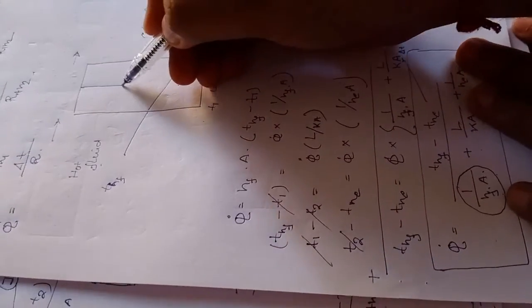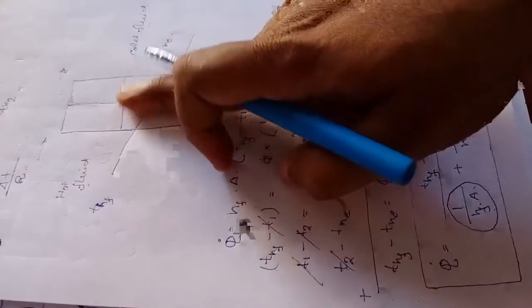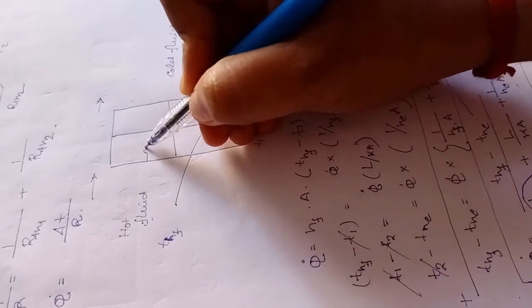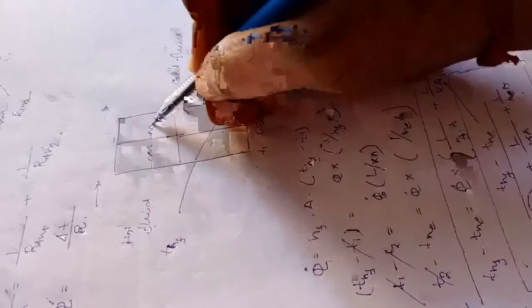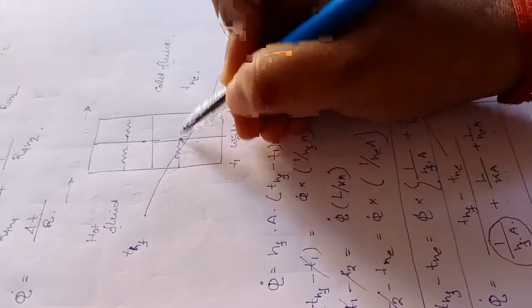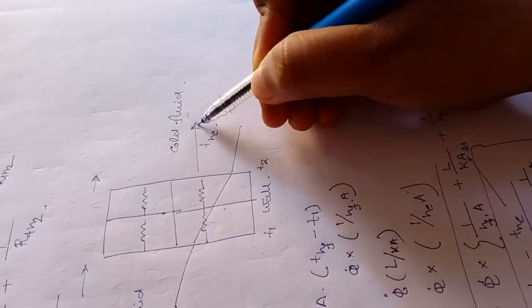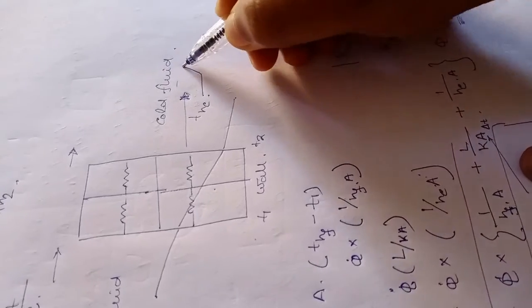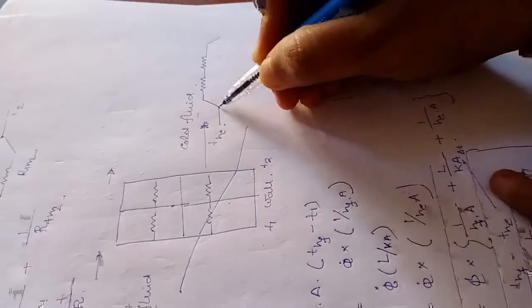Now this wall may be composite, like this, whatever it is. So it will follow the same analogy. If this is the wall, we can consider each layer as an individual resistance. If we convert this into the analogy, it will come just like this, the same as the electrical analogy.